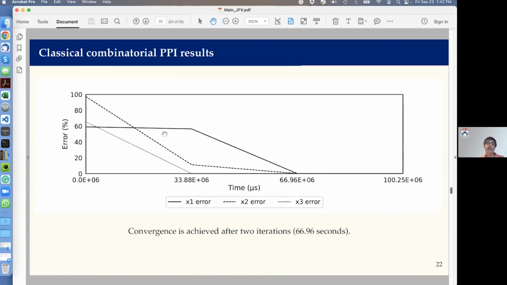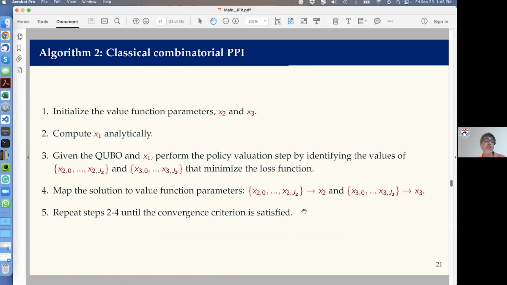And this is what you get. Basically, it takes 67 seconds on a classical computer, but you actually only need 2 iterations. And this is a well-known property of PPI, that it converges very, very fast. And you can see here the relative errors of x1, x2, and x3. And why do I know how big these errors are?